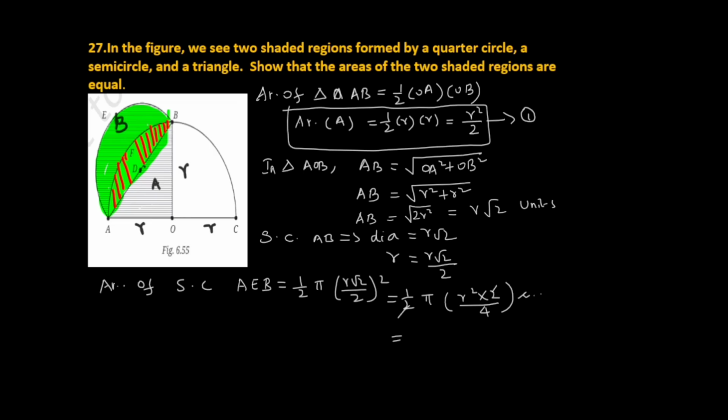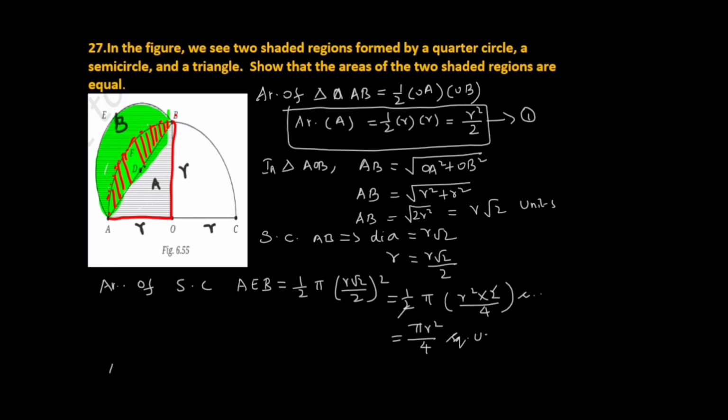Cancelling this 2, we get pi R squared by 4 square units. Now to calculate the segment area, we need the sector. The sector area minus the right angle triangle area is the segment area.